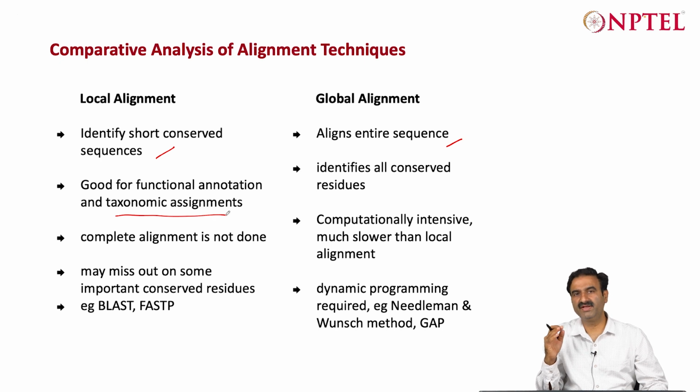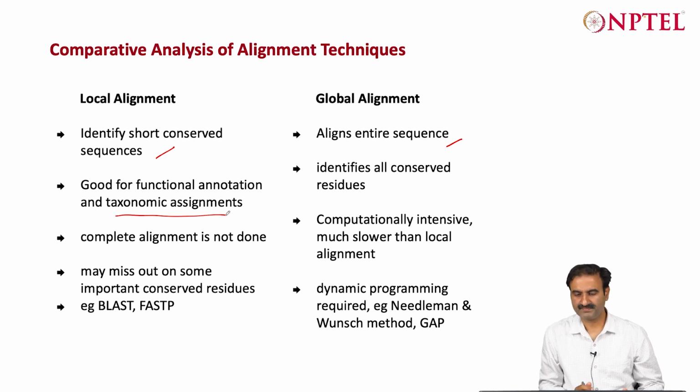Similarly for taxonomic annotation, whichever is the closest matching protein or sequence you have found in the database, whatever genome or host organism it belongs to, your taxonomic assignment of your protein should also be similar to that. It could be at the same species level, genus level or family level, with an LCA based approach that we will see later.